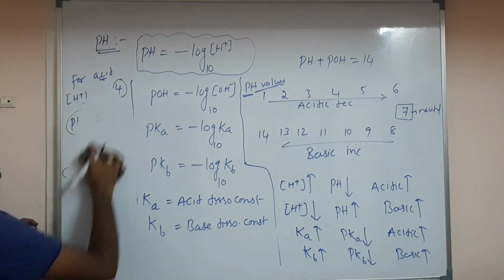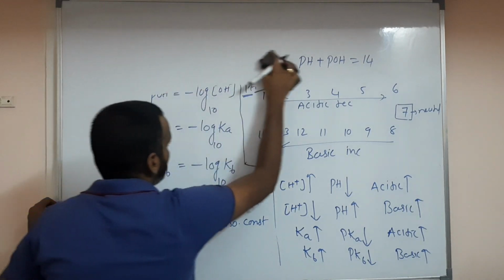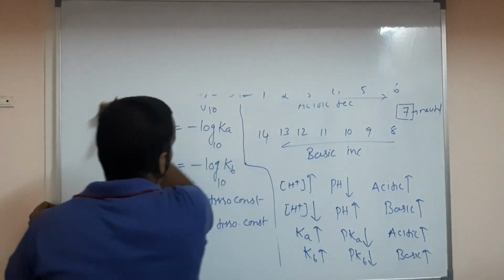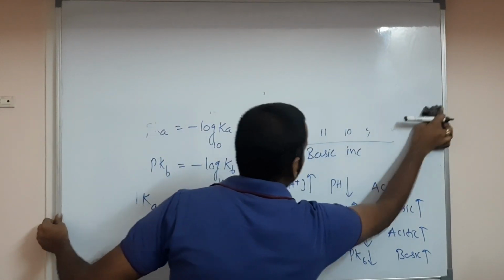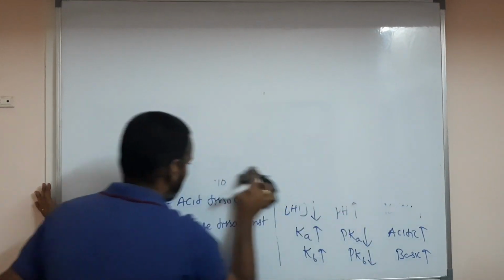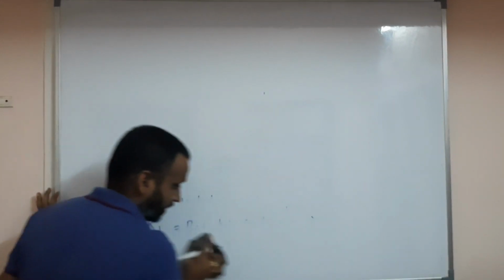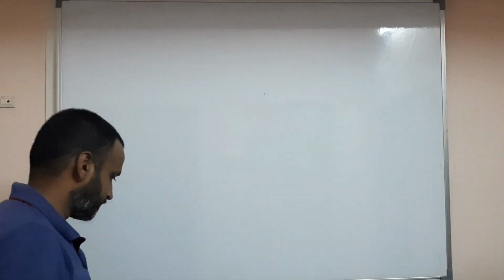All these things. Now we will discuss some important ways to solve numericals actually. If you know logarithms and anti-logarithms, if you learn them easily, you can solve numericals easily.